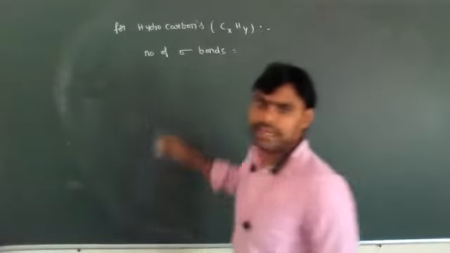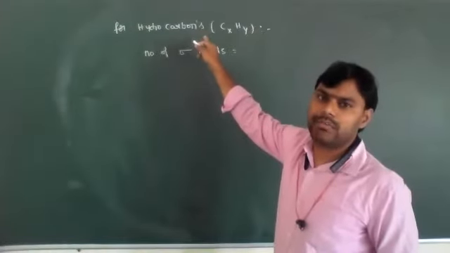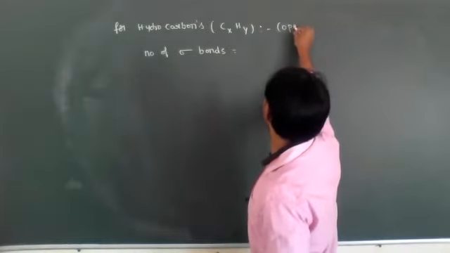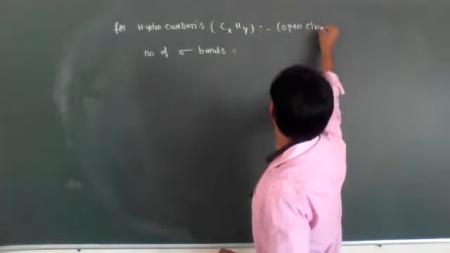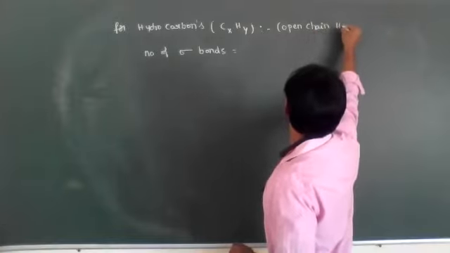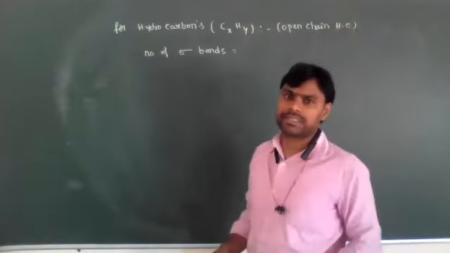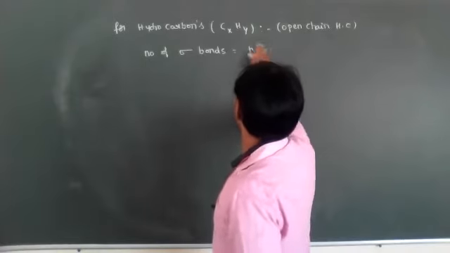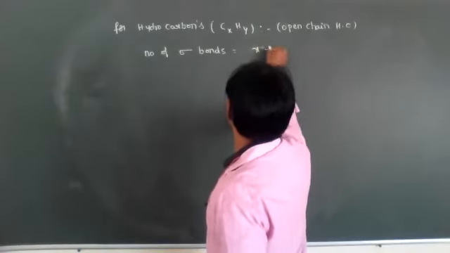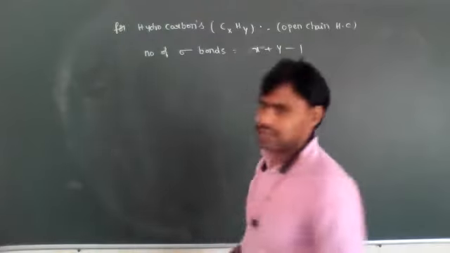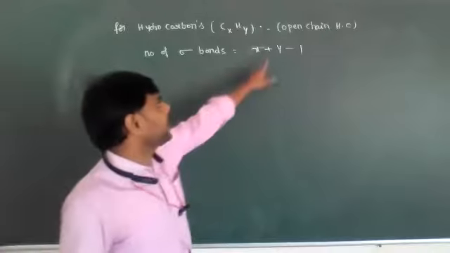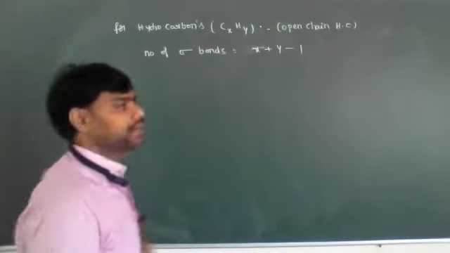For open chain hydrocarbons only, not aromatic cyclic compounds, the number of sigma bonds is equal to X plus Y minus 1, where X indicates the number of carbon atoms and Y indicates the number of hydrogen atoms. Okay, next.